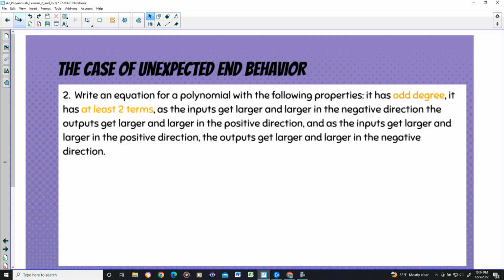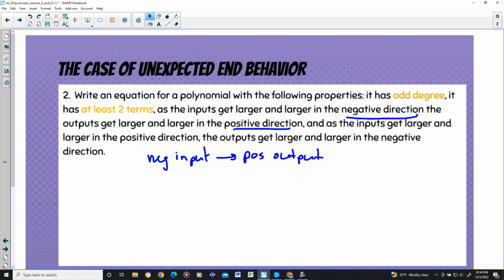Okay, write an equation for a polynomial, odd degree, has two terms. As the inputs get larger and larger in the negative direction, the outputs get larger and larger in the positive direction. So negative input, positive output.